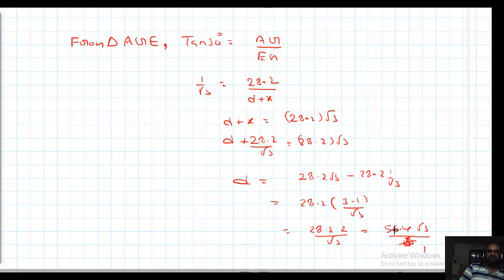Dividing by 3: 3 ones are 3, 2 remainder; 3 eights are 24, 2 remainder. So 18.8 root 3 meters is the distance traveled by that boy.